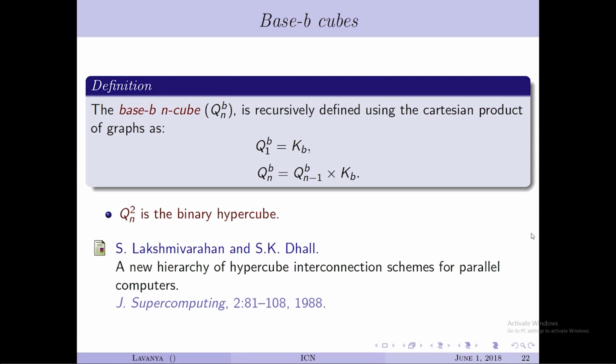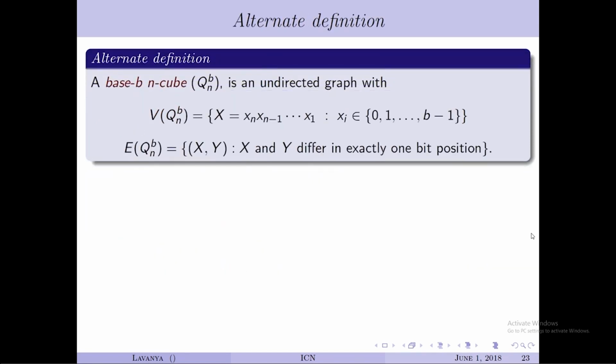There were also other kinds of generalization. Instead of taking Kb, you could have taken a cycle on b vertices, that is also a possibility, right. So, there are different definitions, different kinds of generalization possible. Officially, to define it in similar language to our binary hypercube, you look at any n bit string where the bits lie between 0 and b minus 1.